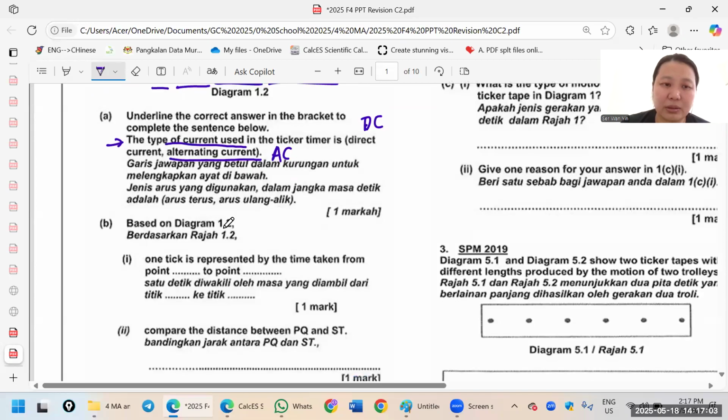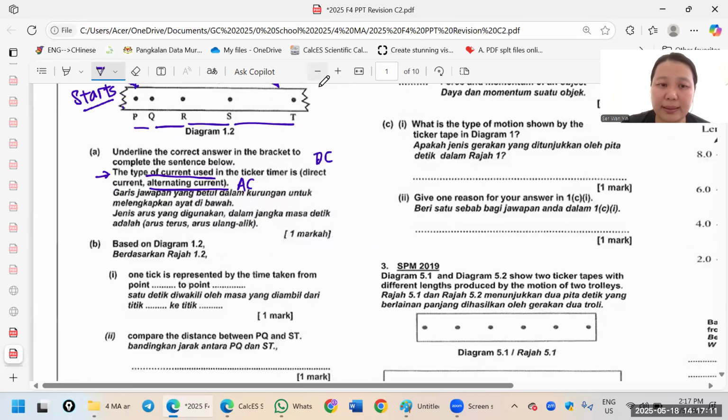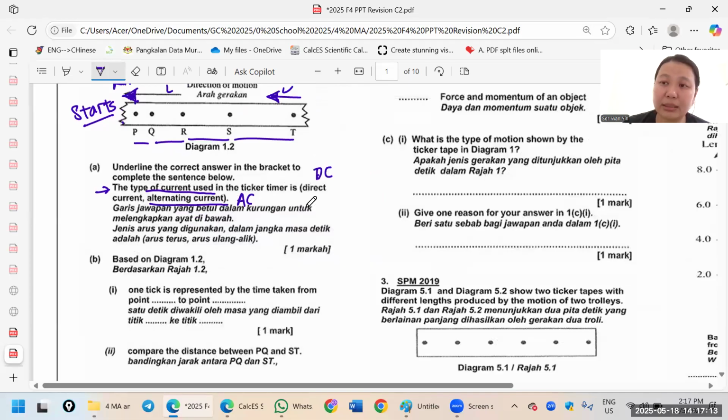Okay. So next, based on 1.2, one tick is represented by the time taken from point what? Anyone can answer, you can type your answer here. P to Q. Yeah, correct, from P to Q. Can you say Q to R?